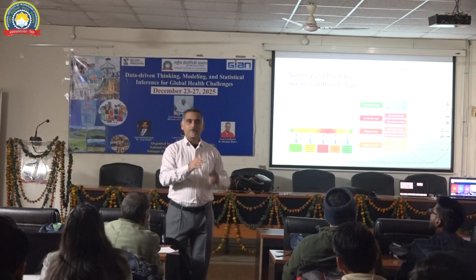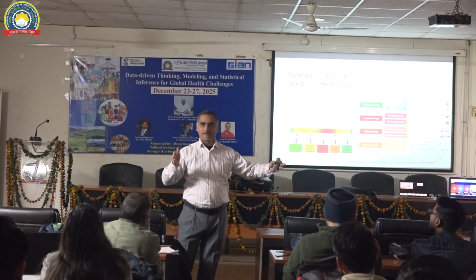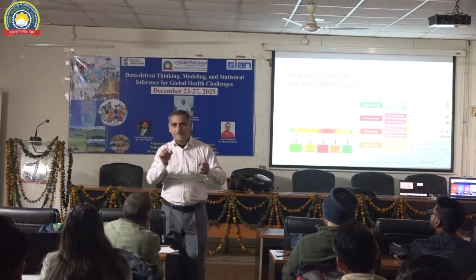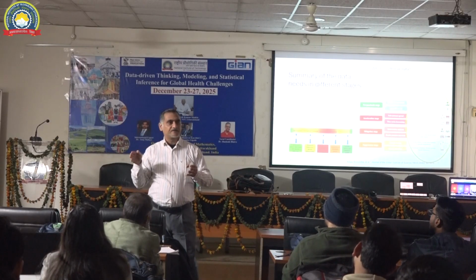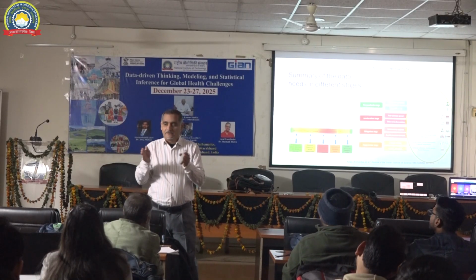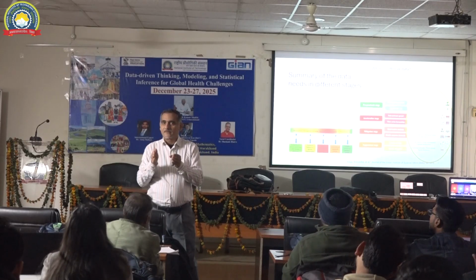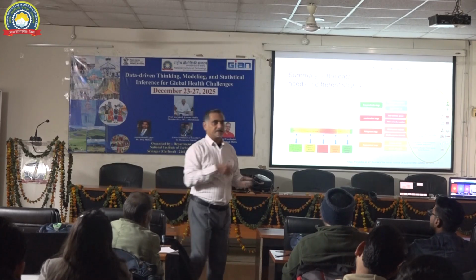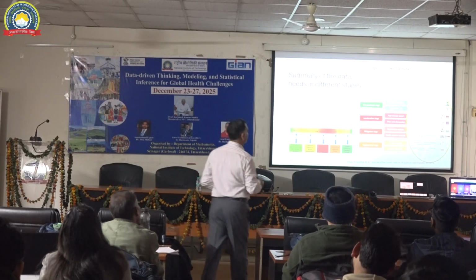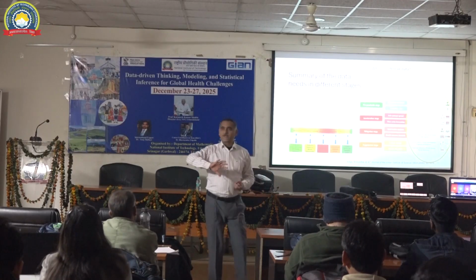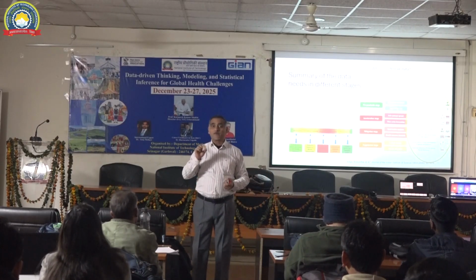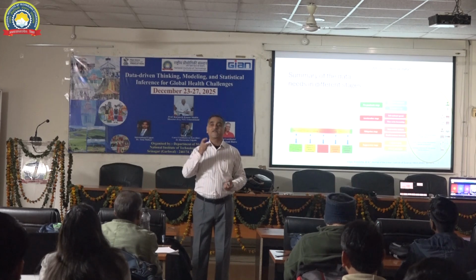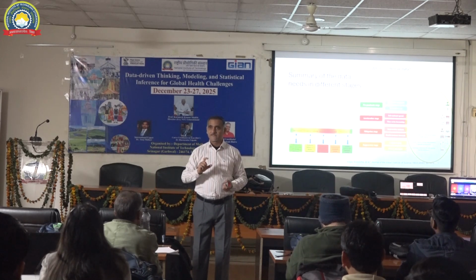Initially you have large uncertainty in the parameters. And as you approach the later part of an outbreak, your uncertainty reduces. Does that make sense? And that is how we model, slowly. It is not about the complex model, it's about the complexity of incorporating the data. Do you understand?